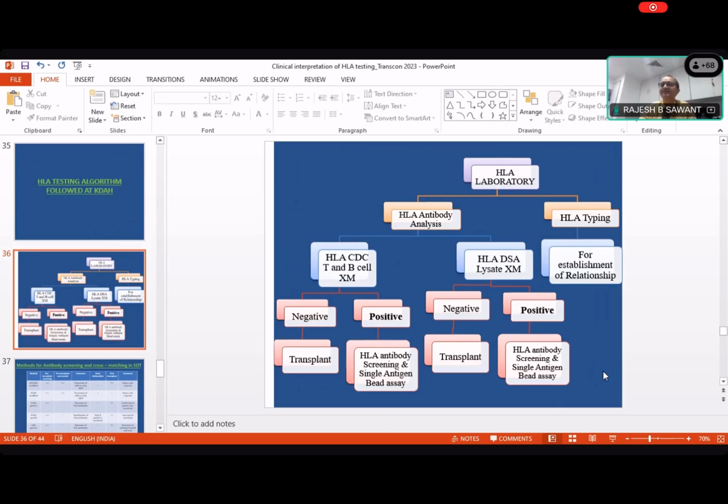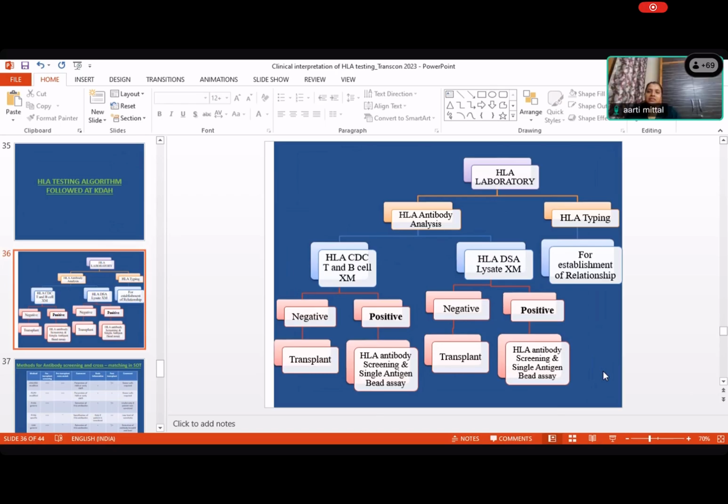If you are planning to start a histocompatibility laboratory, as I said, you should be able to do at least the CDC cross match, which is still the gold standard test, for renal transplants at least. And you should have at least a setup like a Luminex platform, for example, where you are able to do your HLA typing up to the intermediate level, or at least the low level HLA typing, and you are able to screen your antibodies also. So that should be good enough. If you have the setup in your molecular laboratory for NGS, then you can use that for your high resolution typing also.